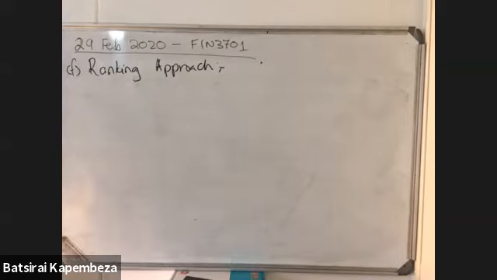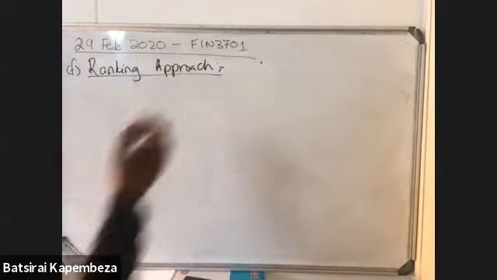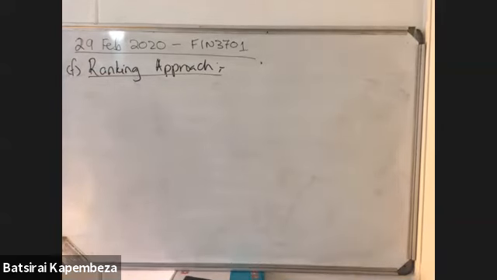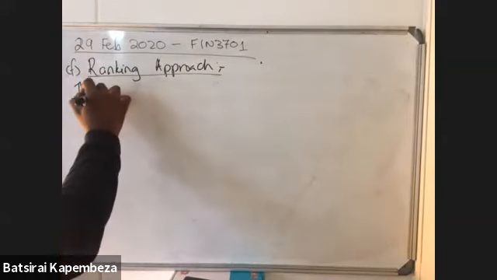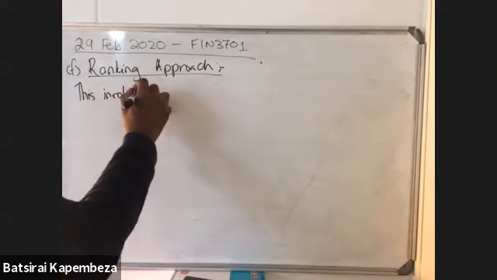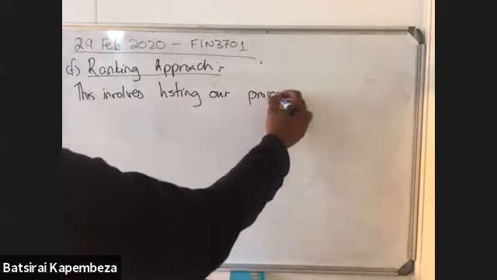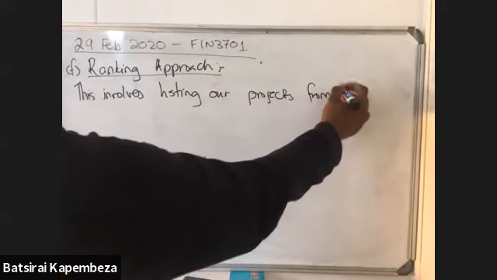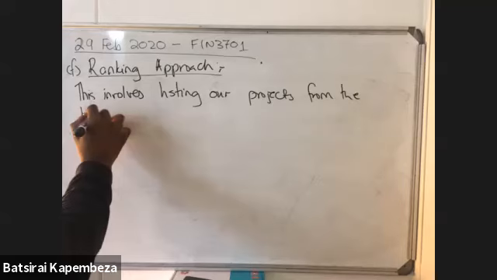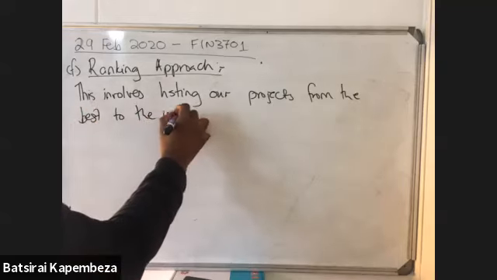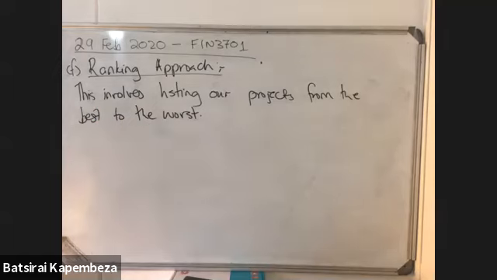Now, with the ranking approach, we are still trying to decide which capital projects to invest in. But this involves listing our projects from the best to the worst. And then we decide which projects to invest in based on the ranking that we've given to the project.